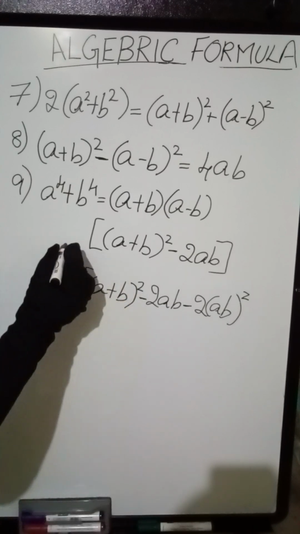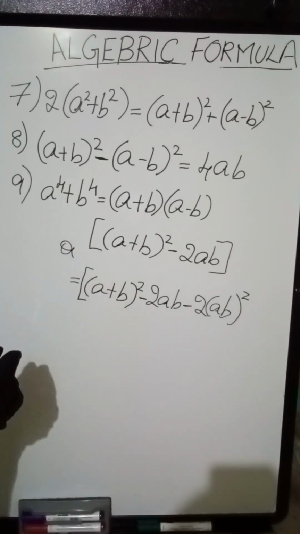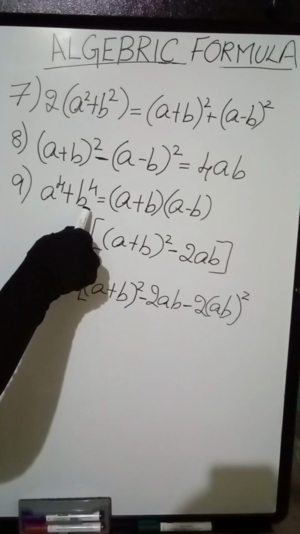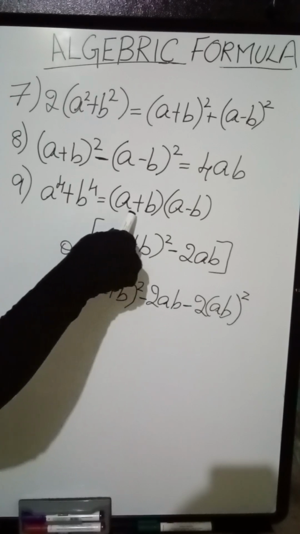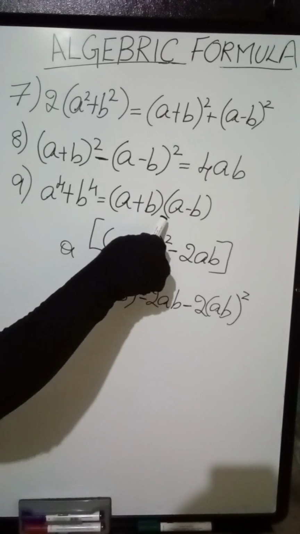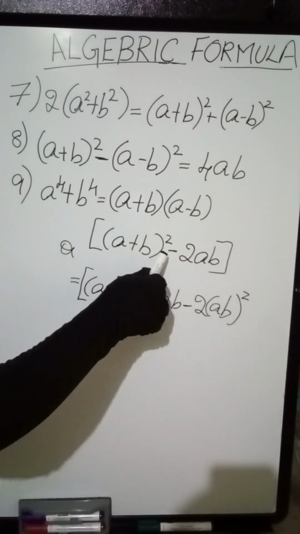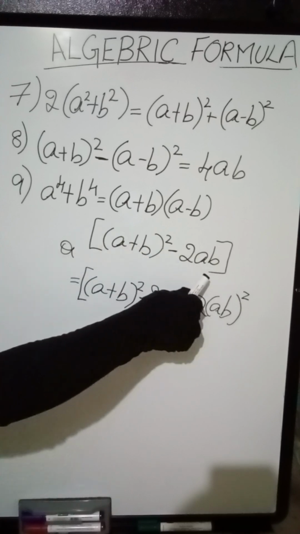Okay, so a to the power of 4 plus b to the power of 4, you can also write as a plus b into a minus b into a plus b the whole square minus 2ab in square brackets.